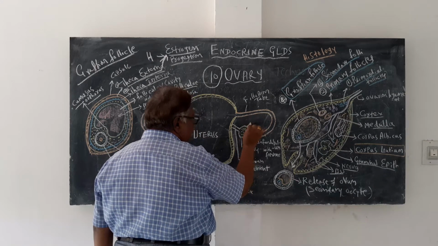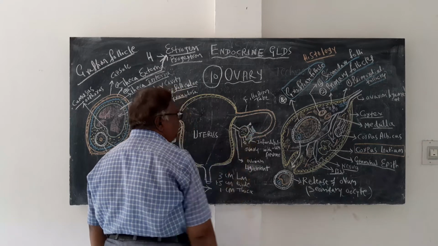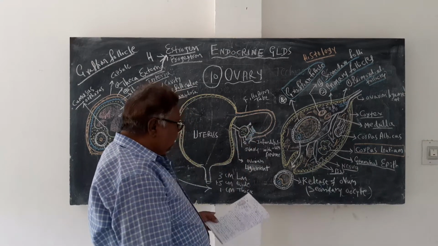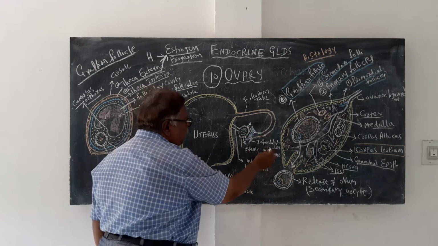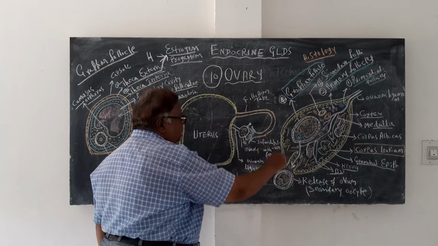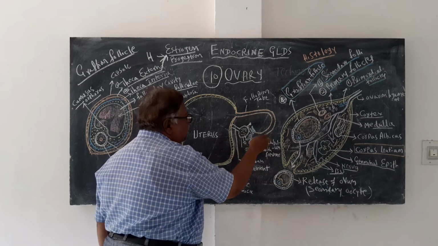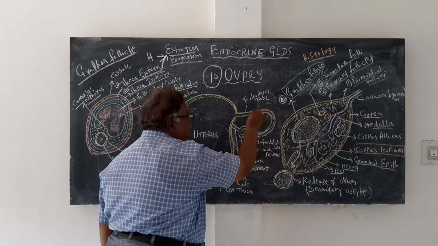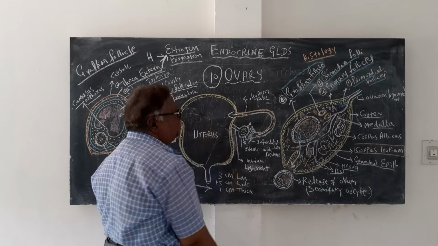When it comes out, the infundibulum with the fimbriae, the finger-like structures, captures it immediately and sends it inside. It comes to the uterus.